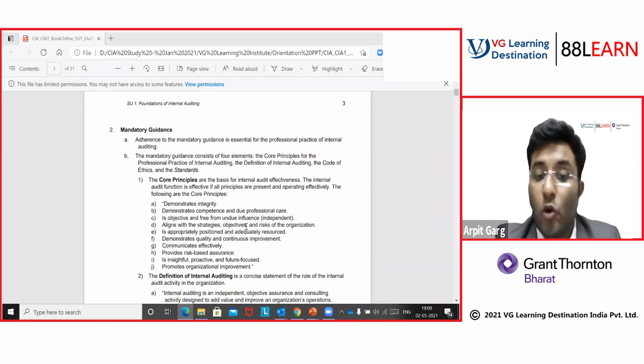When it says promotes organizational improvement, the ultimate goal of the internal audit activity is to promote organizational improvement. It should add value. If you go through the definition also, it is overall adding value to the organization. So if you give the right insights to the management, it will promote organizational improvement. Does it make more sense to you? Is that clear now?